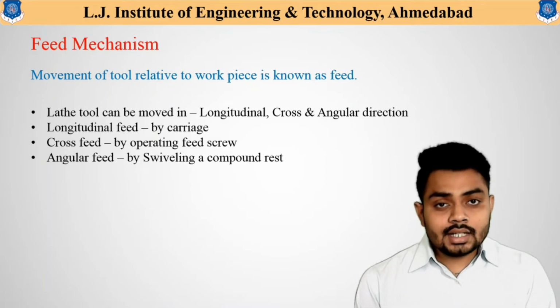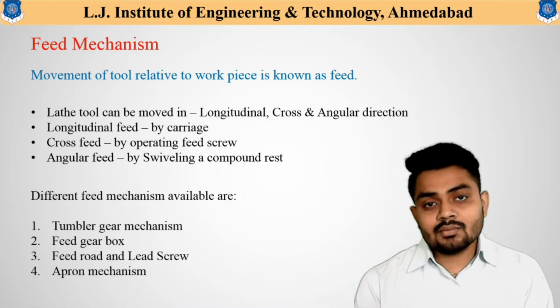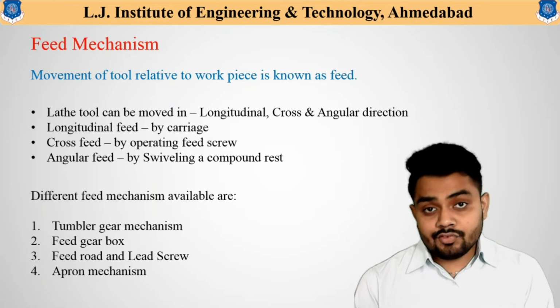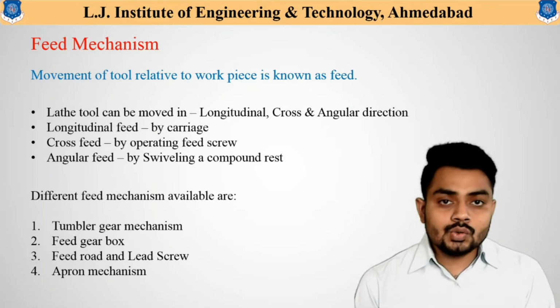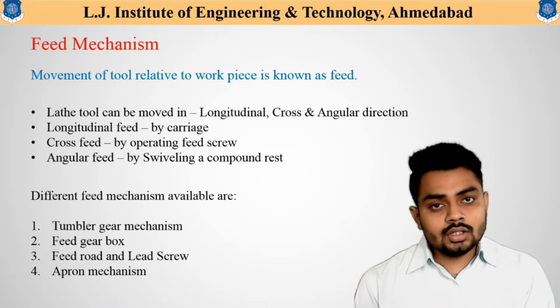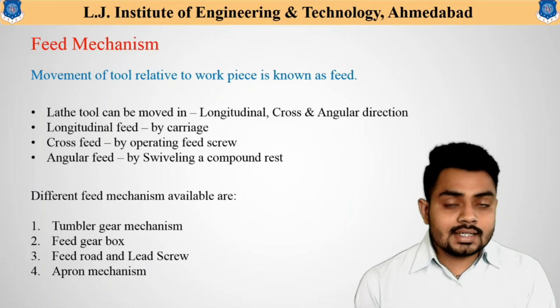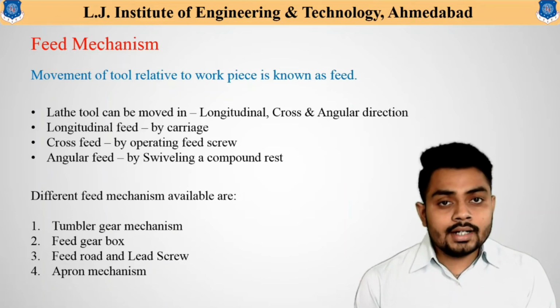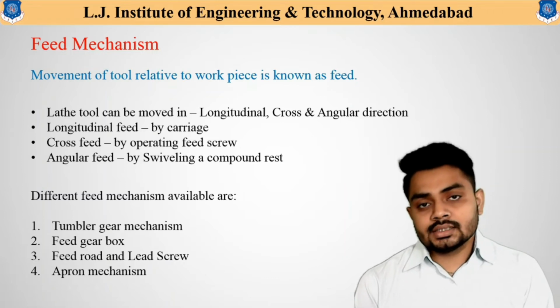The different types of feed mechanisms available are: first, the tumbler gear mechanism; second, the feed gearbox; third, the feed rod and the lead screw; and fourth, the apron mechanism. From all these four, the first one, the tumbler gear mechanism, and the last one, the apron mechanism, are the two most important mechanisms which help to provide automated movement to the tool for machining operation.